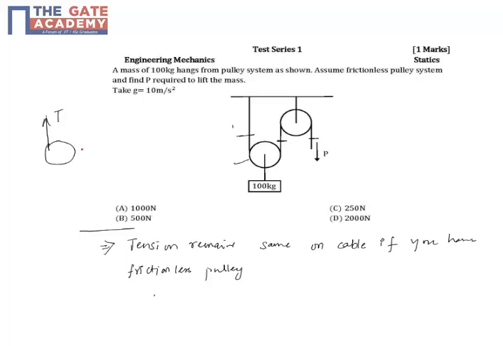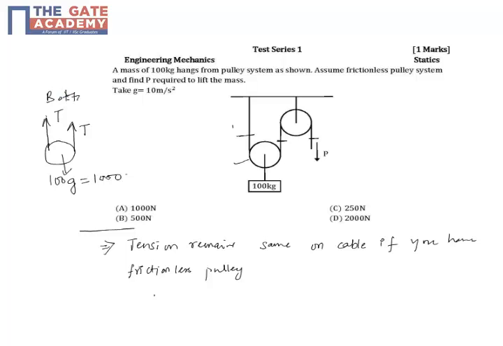So for the bottom pulley, the forces are T and T on both sides, and the 100 kg, which is mg, that is 100 into g, with g taken as 10, so it is 1000 newtons.